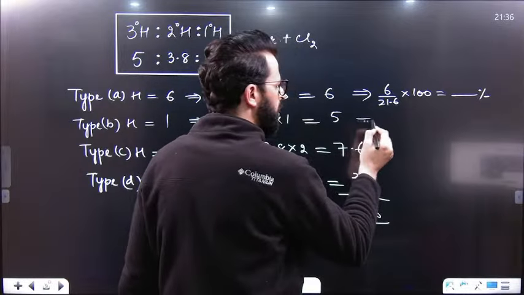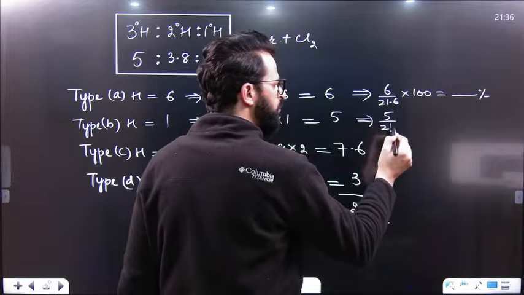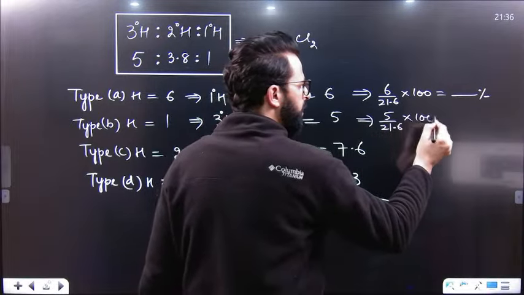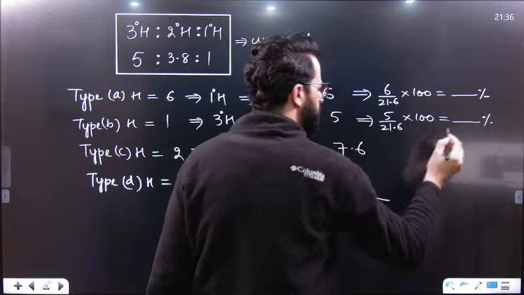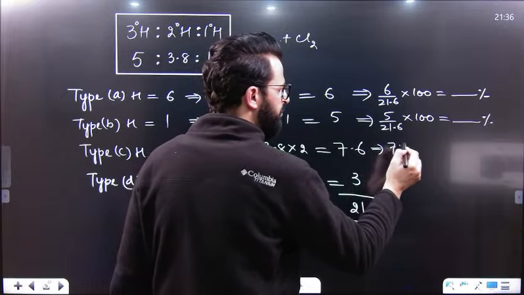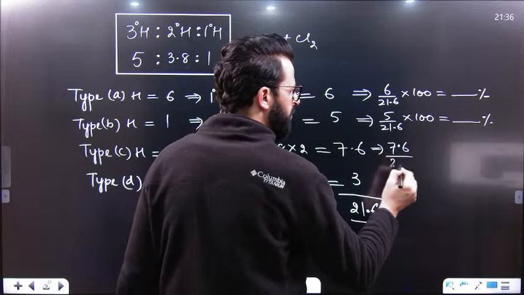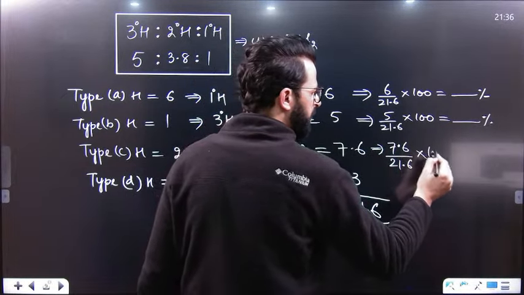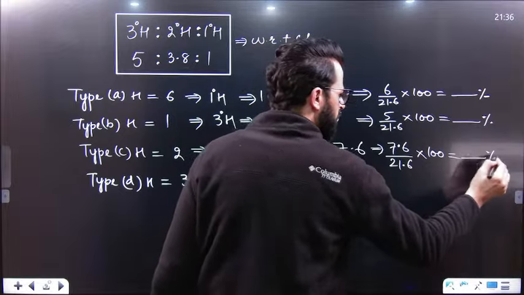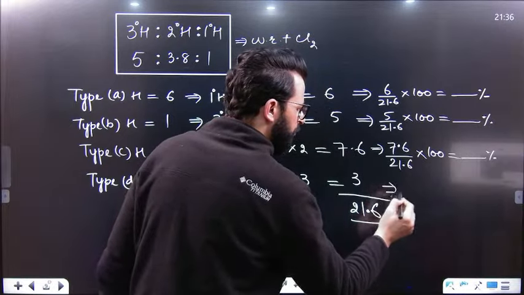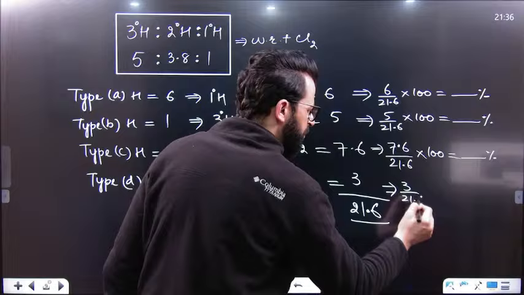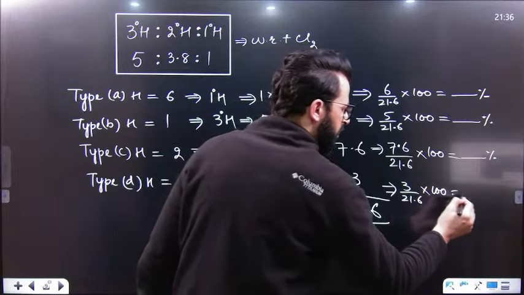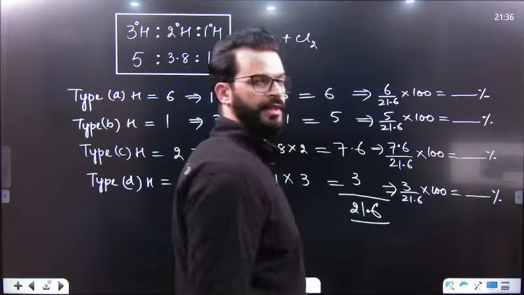Similarly, here it will be 5 divided by 21.6 multiplied by 100 and you can get percentage of this as well. Similarly, it is 7.6 divided by 21.6 multiplied by 100. Similarly, here it will be 3 divided by 21.6 multiplied by 100. But have a look.